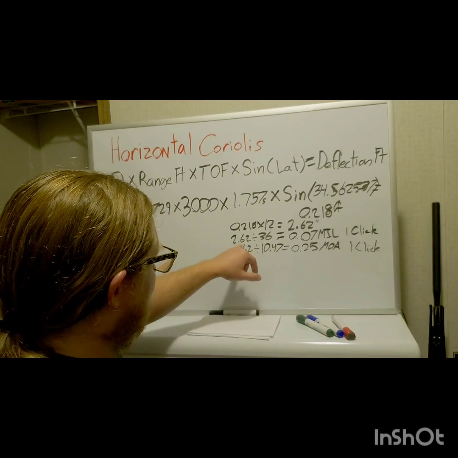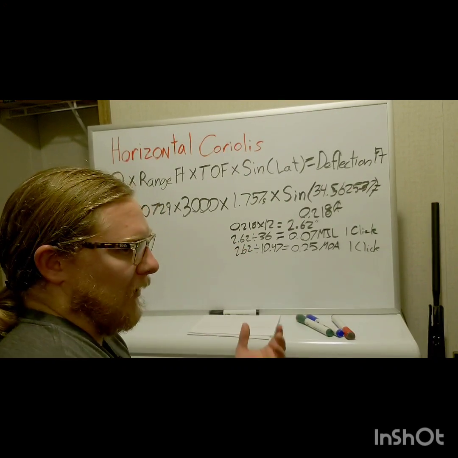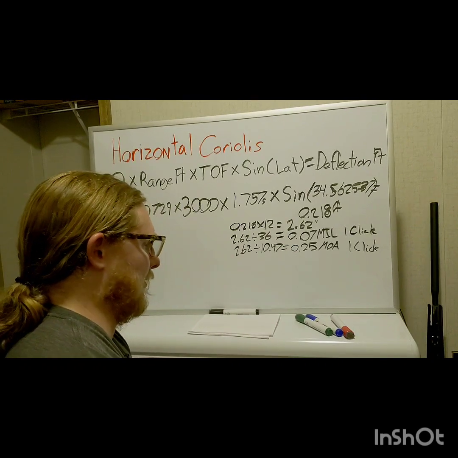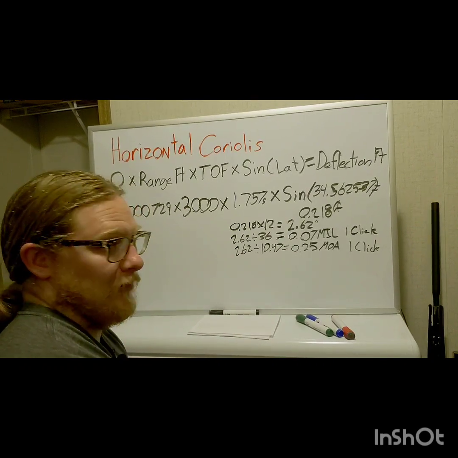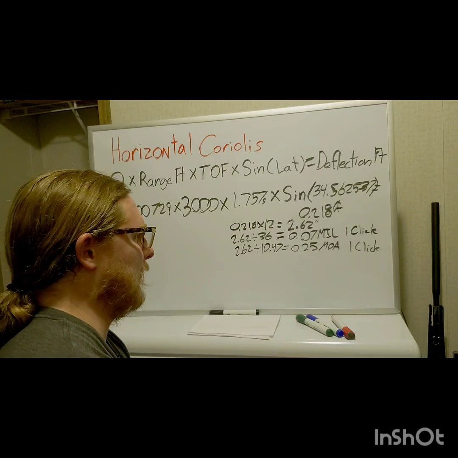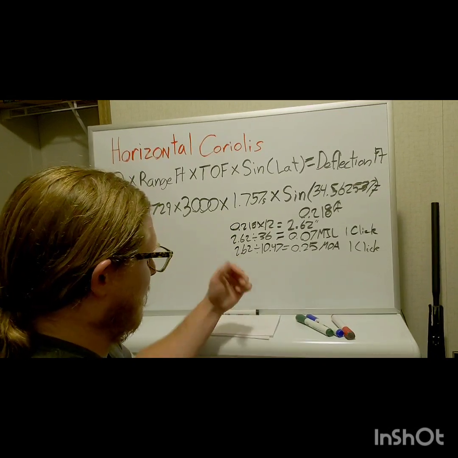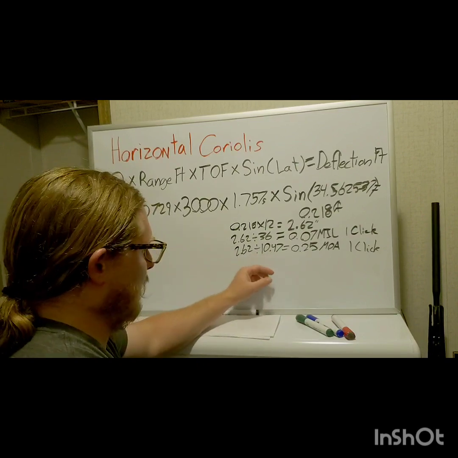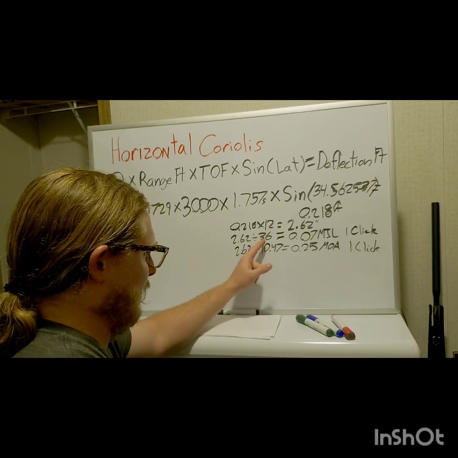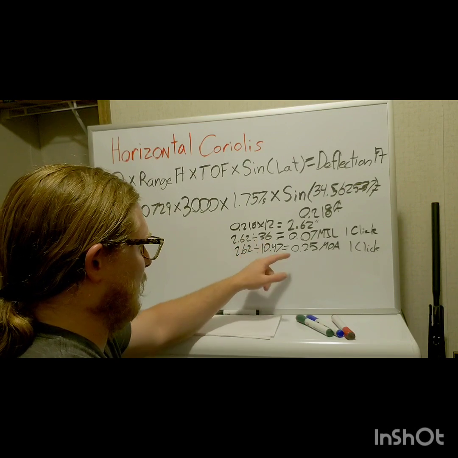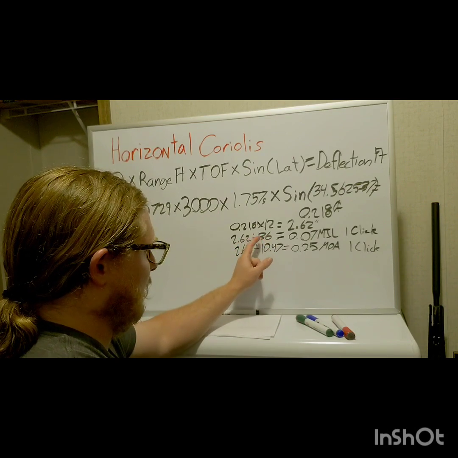And then if you're looking at 1,000 yards, it's pretty easy to convert to mils and minutes of angle. And this is the reason why I chose to go with 1,000 yards, because it's just units of 10. You can do this part in your head, but at 100 yards, 1 mil is 3.6 inches, right? So at 1,000 yards, 10 times that far, you just move the decimal, so it's 36 inches.